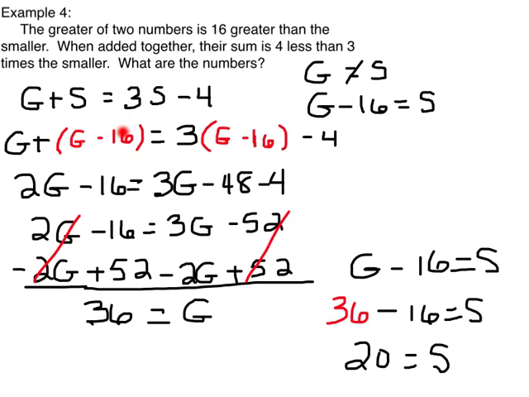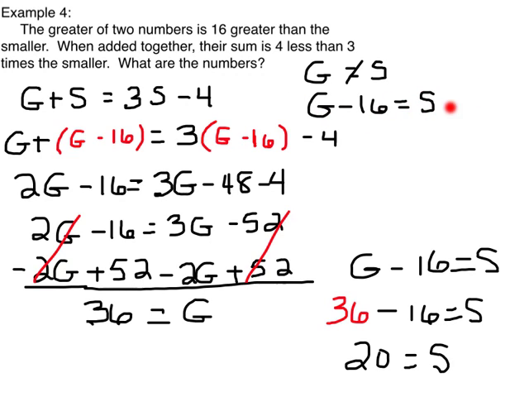So we also know that they are not the same. They don't equal each other. This one is 16 greater than this one. Now I can set this up one of two ways. I can say G minus 16 equals S, or I can say G equals S plus 16.